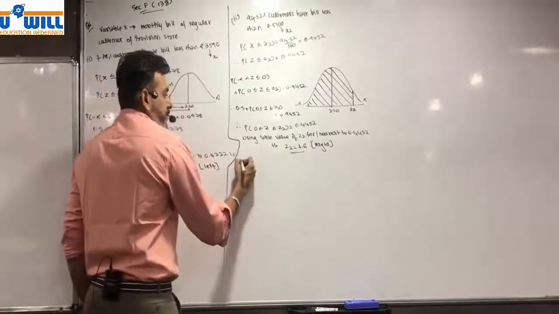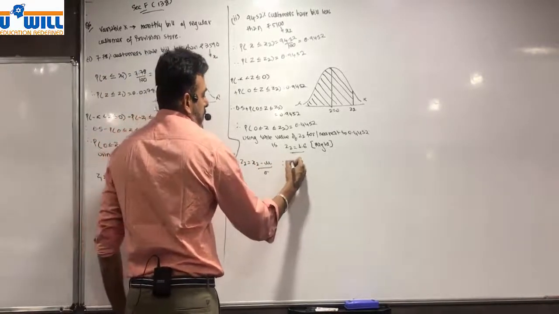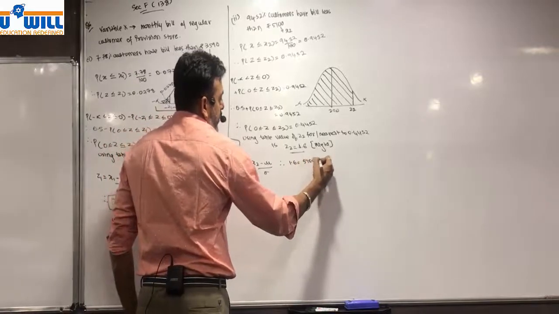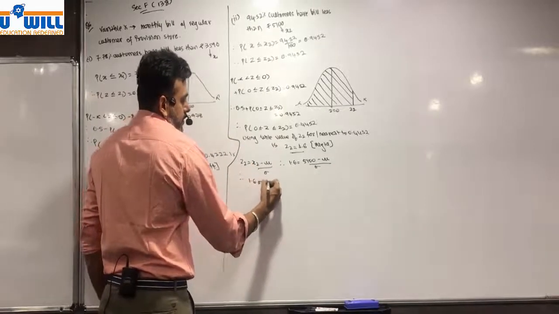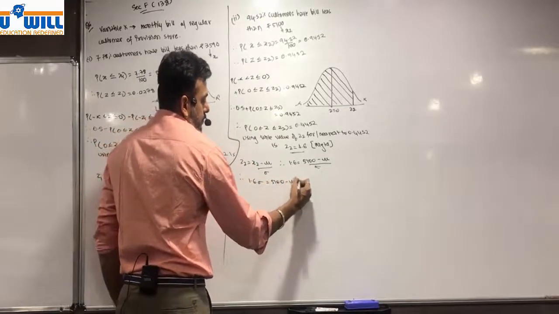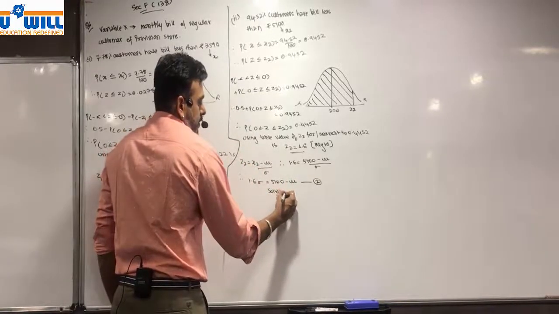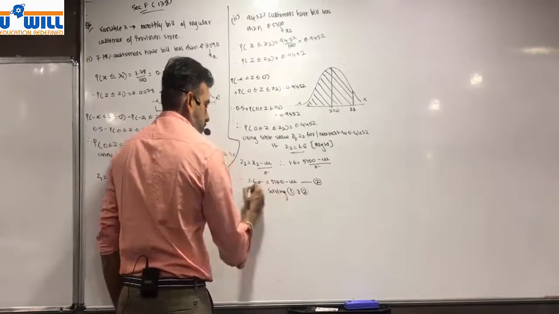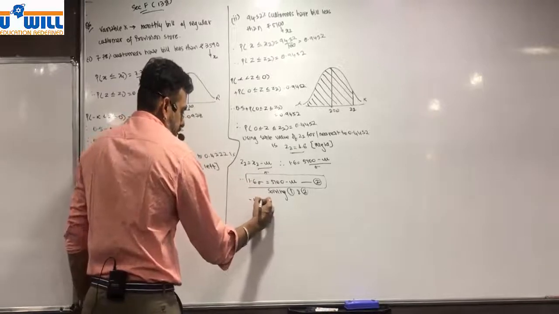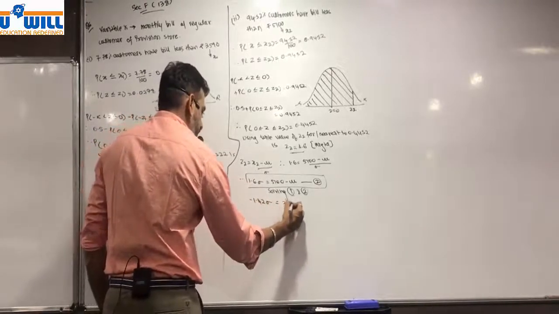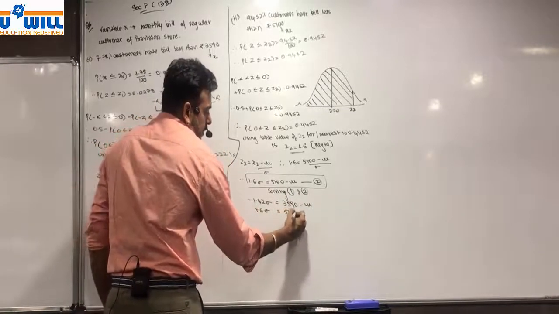Make the equation Z2 is equal to x2 minus mu upon sigma. Therefore 1.6 is equal to 5100 minus mu upon sigma. Therefore 1.6 sigma is equal to 5100 minus mu. This is equation 2. Solving 1 and 2: equation 1 is minus 1.42 sigma is equal to 3590 minus mu, and 1.6 sigma is equal to 5100 minus mu.